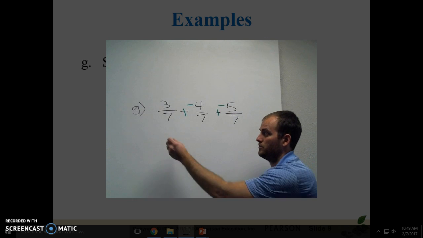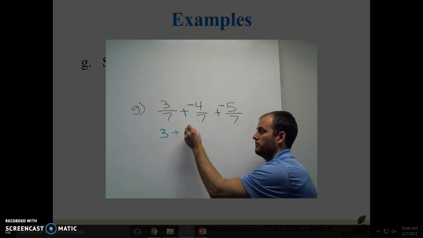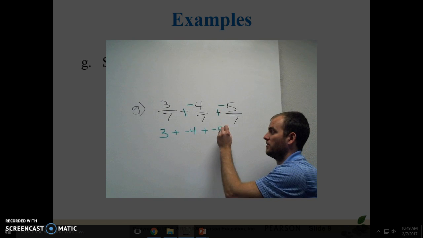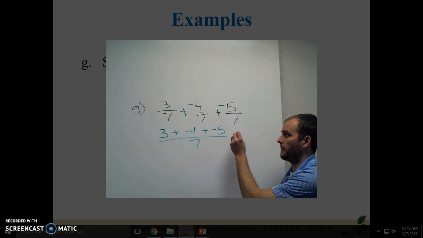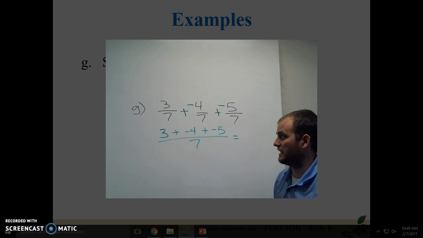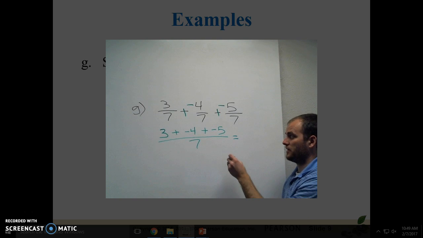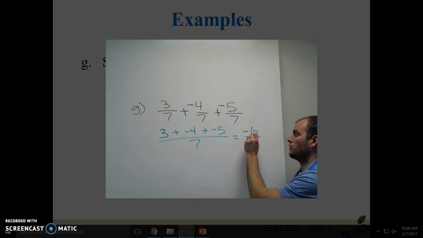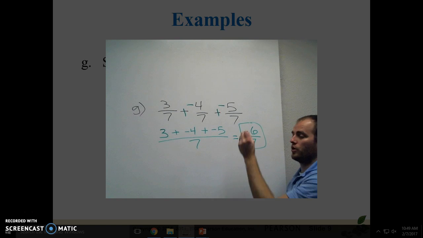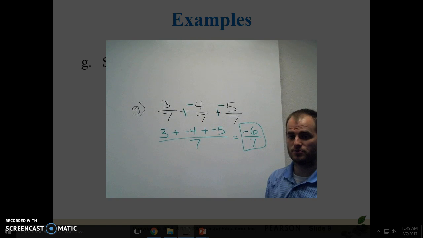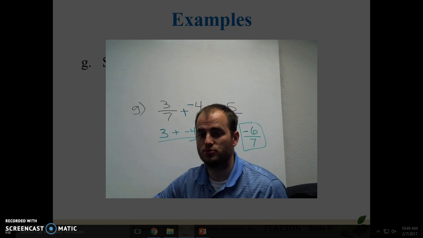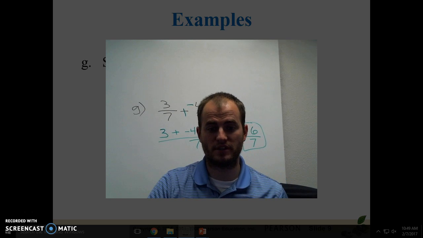Now we can just add them. 3 plus negative 4 plus negative 5 all over our common denominator of 7. So 3 plus negative 4 is negative 1, plus negative 5 is negative 6 over 7, or negative 6/7. So remember, when it's a subtraction problem, it's often a good idea to switch it to add the opposite when there's negatives involved.